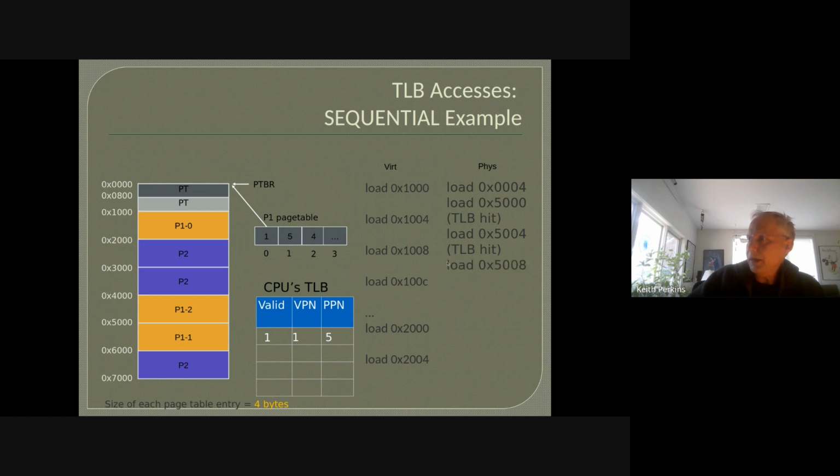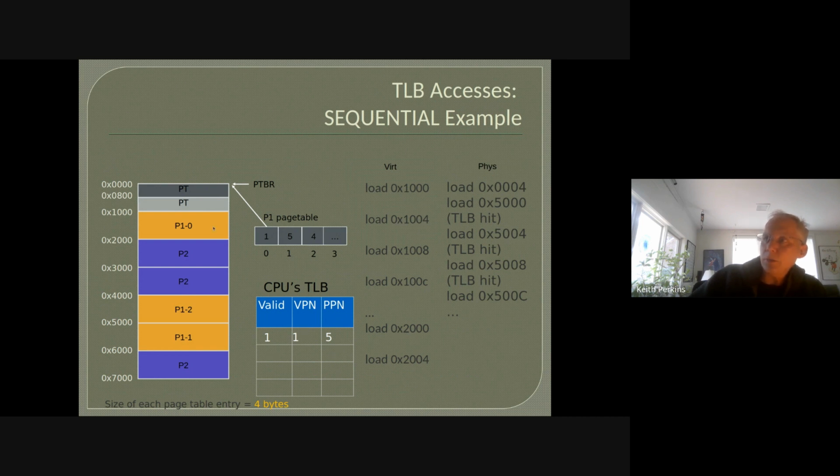I get TLB hits on and on until I step into a page that is not in the TLB. So I read this whole page, and eventually I step into the second page. Now I'm going to load from virtual page 2. I see if there's an entry in my TLB for virtual page 2. There's not.